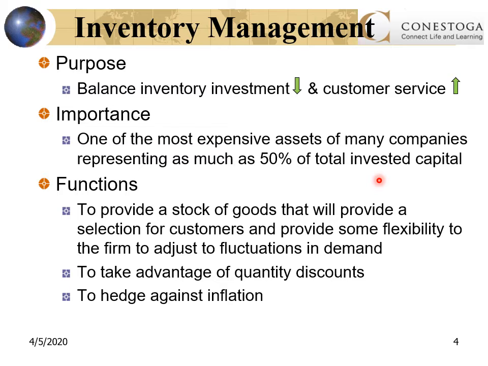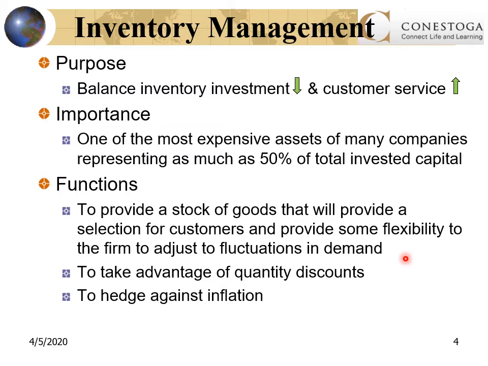Some of the key functions of inventory are as follows. The first is to provide a stock of goods that will provide a selection for customers and provide the firm the flexibility to adjust to fluctuations in demand. So what it means is it can take care of fluctuations in demand by providing multiple options for the customers.